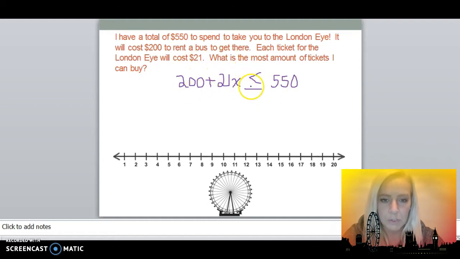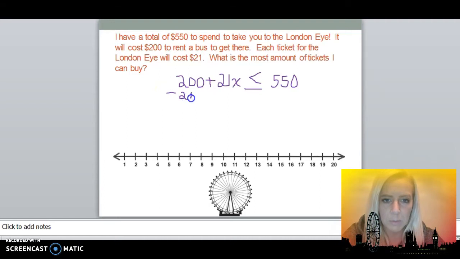In order to solve a two-step inequality, the first thing you want to take care of is the term that is not with the x. In this case, I have 200. The inverse operation of adding 200 is to take it away.